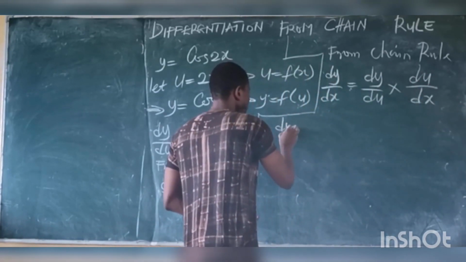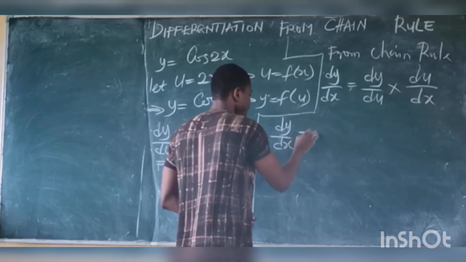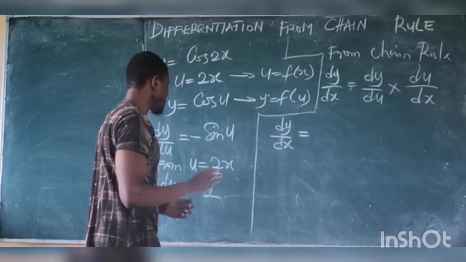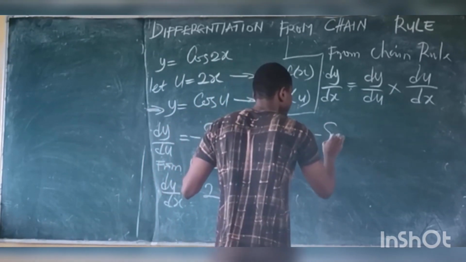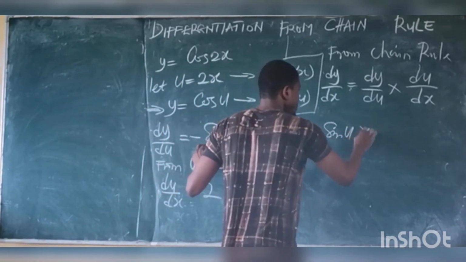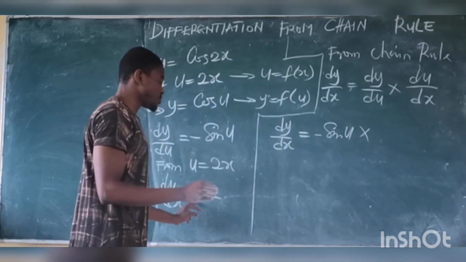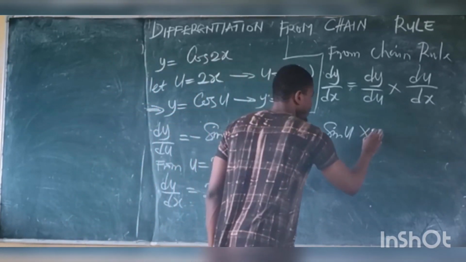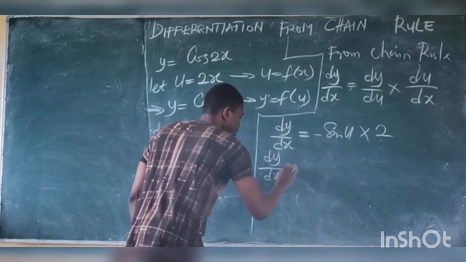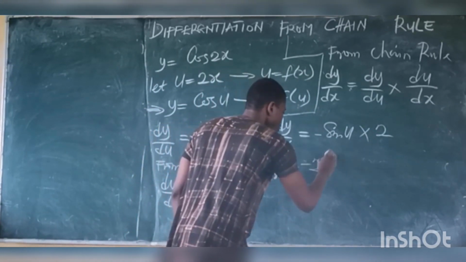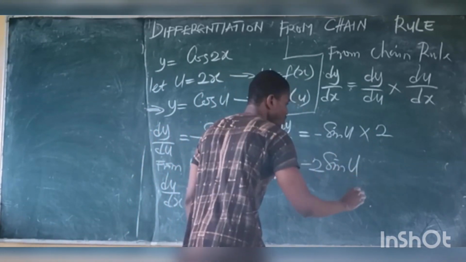Okay, so that means dy dx is now equal to dy du, which gives me minus sine u, so I have minus sine u multiplied by du dx, which simply gives me 2. So I have multiplied by 2. So dy dx is now equal to minus 2 sine u.